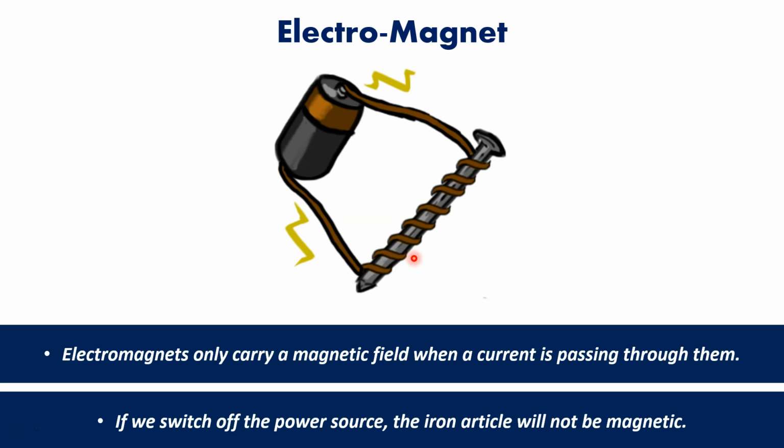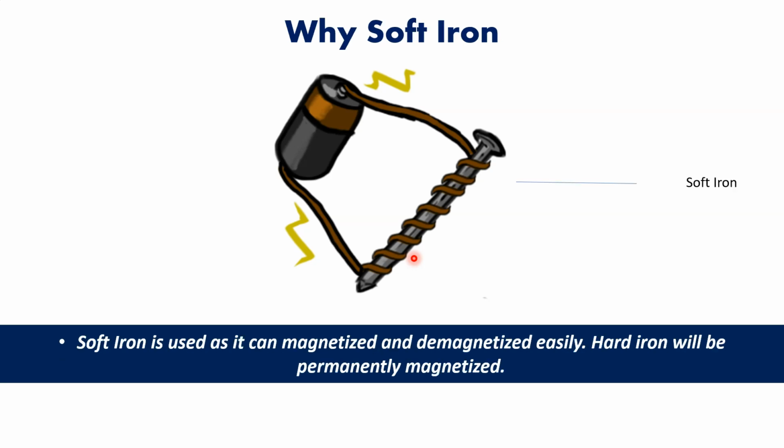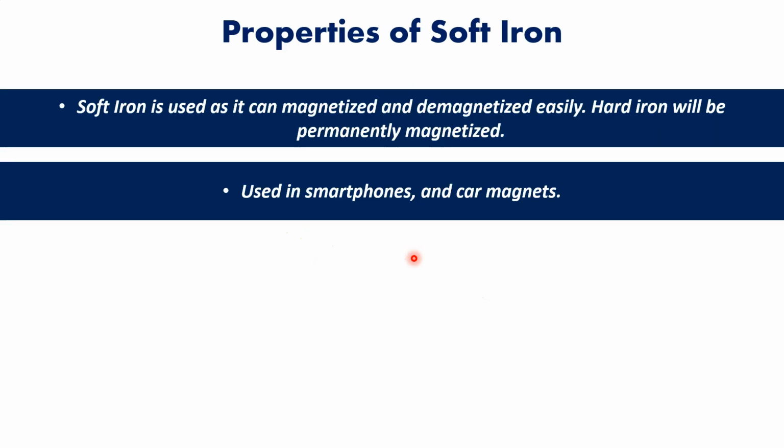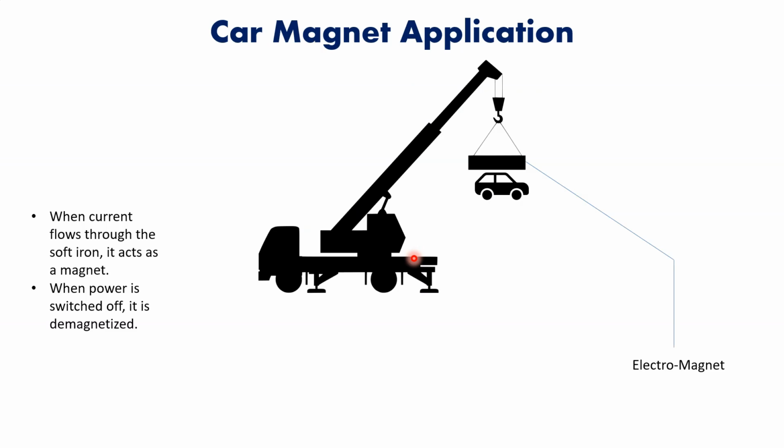The thing about electromagnets is they're usually called temporary magnets because they're only magnetized when current passes through them. If we switch off the power source, then it becomes demagnetized, so it won't attract objects. You may be wondering, what kind of application would this be useful for? It's useful for car magnets. If you've ever seen these large cranes that transport cars from one place to another.